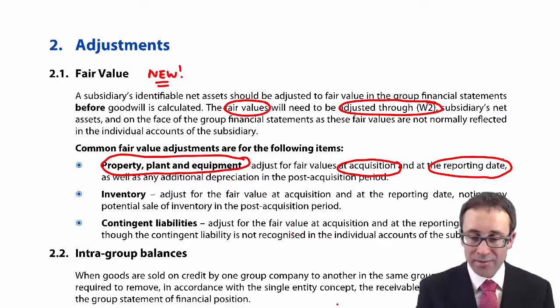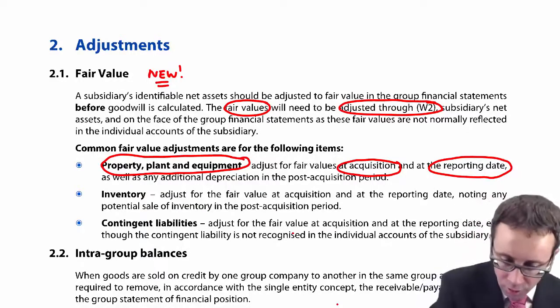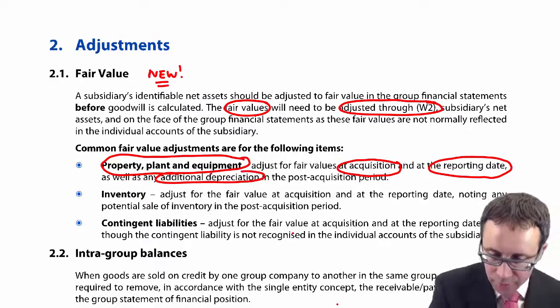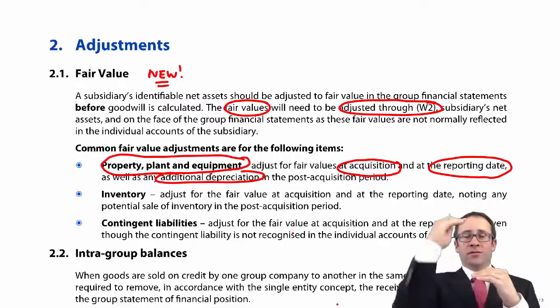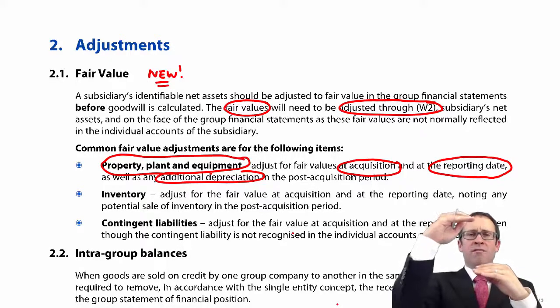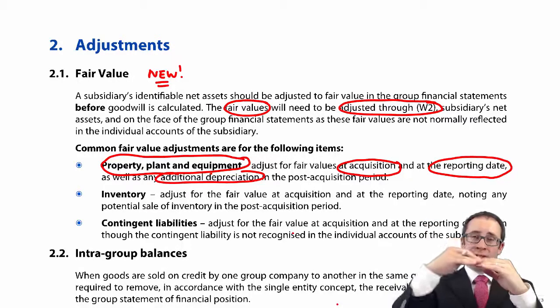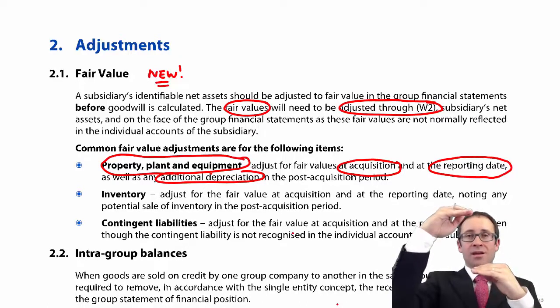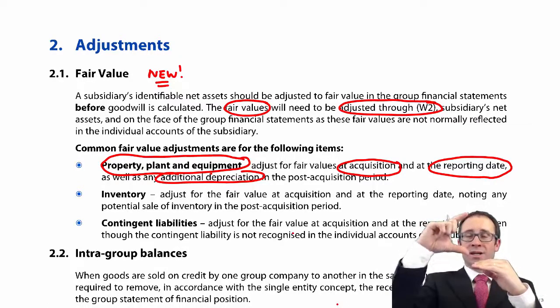Just note as well, there is a bit of an and. What you also need to do is this: the fair value is 10, the book value is 8. The subsidiary will have depreciated the 8. We have put 10 in, haven't we? We've increased it by 2 to get it to 10. The 8 has been depreciated, but the extra 2 hasn't, has it?